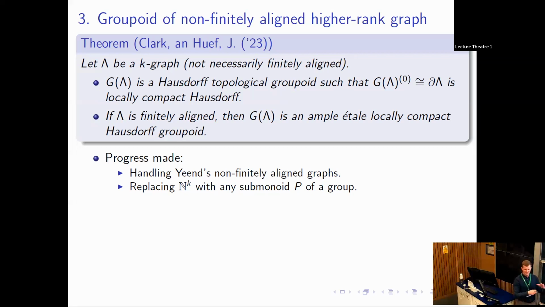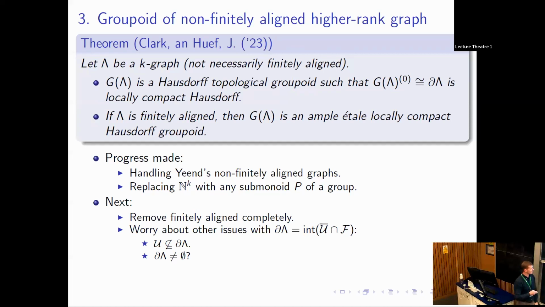So I've expressed it so far today in K-graph world, but if you replace N^k with any submonoid of a group, it doesn't have to be conical, it doesn't have to be quasi-lattice ordered or any of that, then we have this theorem as well. So in particular, you could let the graph just be a group by itself, and this groupoid is going to coincide with the group. It retrieves the group.